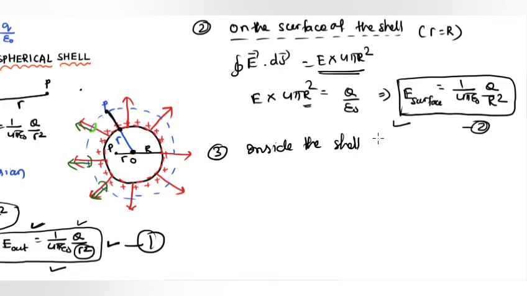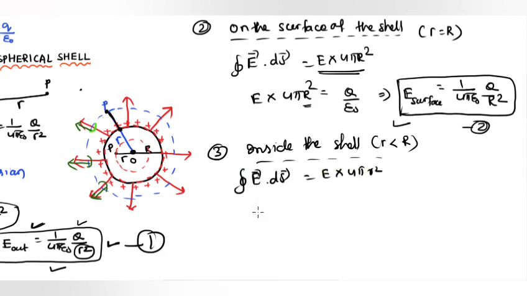So in this case small r will be less than capital R. And again, in the same way, if you draw the Gaussian sphere like this, then the closed surface integration of E dot ds will be E into 4 pi small r square. But we know that E dot ds is equal to the total charge enclosed by epsilon naught.